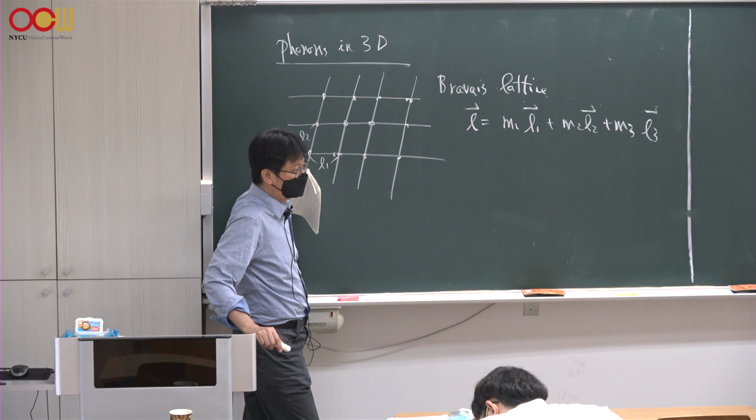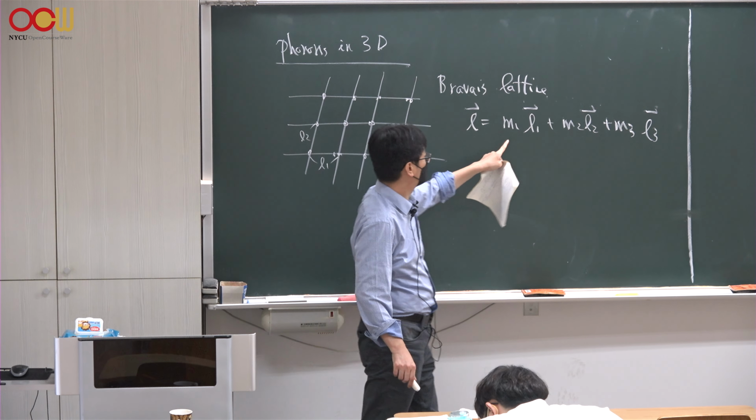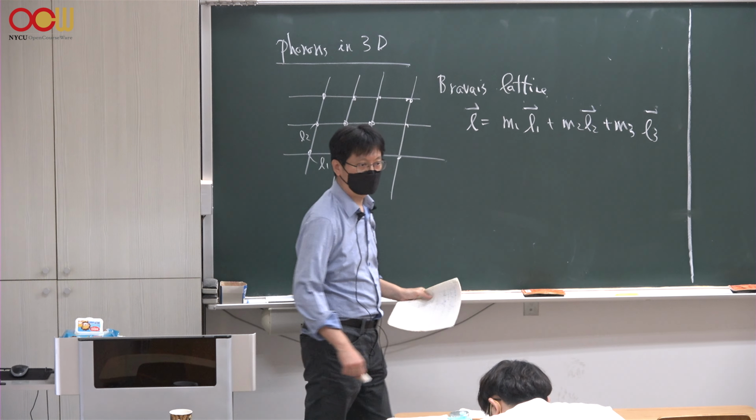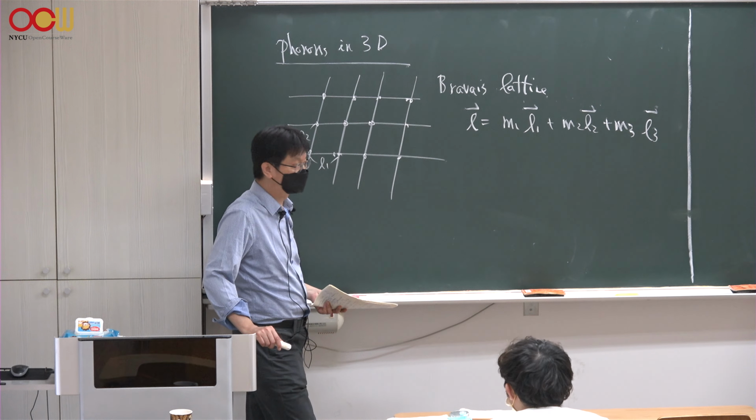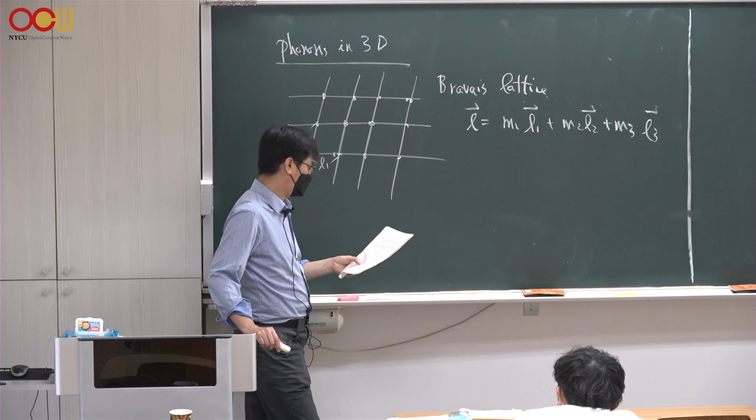And the general lattice vector, L, is given by the linear combinations of the 3 lattice vectors, right? L1, L2, and L3, which are unit vectors corresponding to the lattice vector.